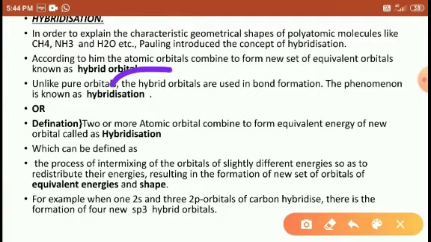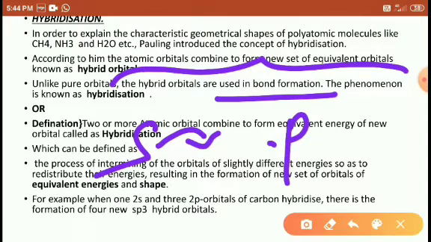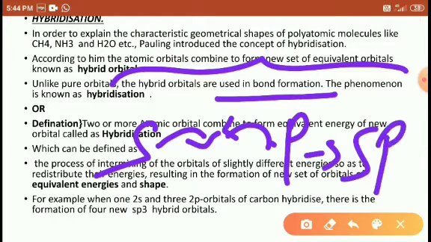And the hybrid orbitals are used in bond formation. Already I told you, the s orbital shares its electron with the p orbital, and the p also shares with the s orbital. They are combined here, that is the sp orbital. So a bond is formed between the s and p orbitals.